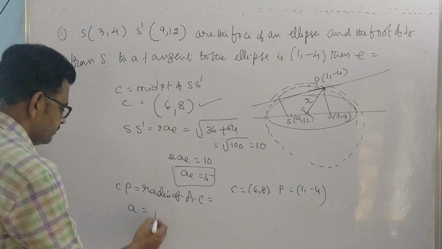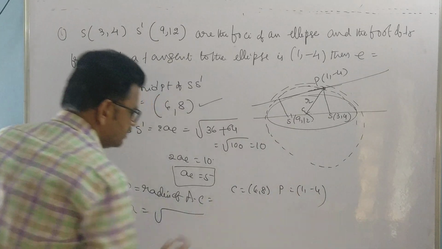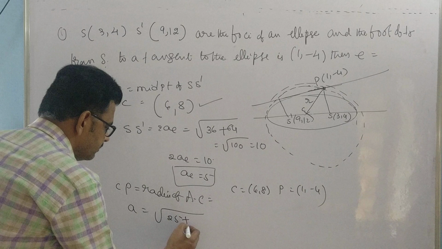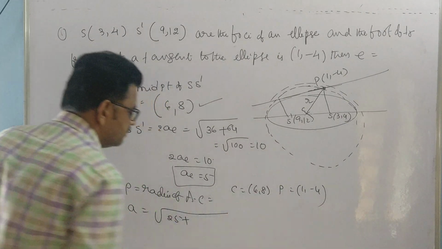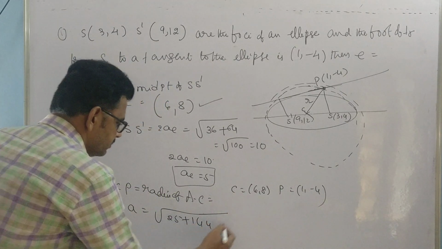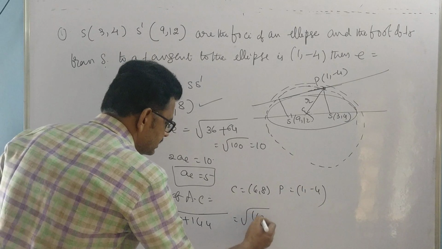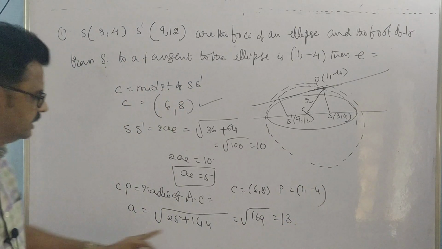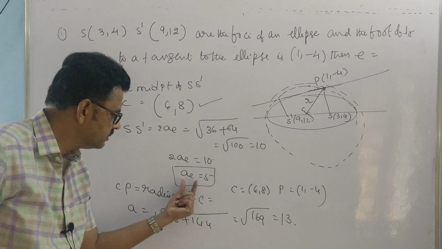So this is root of x2 minus x1 whole square, that is 25, plus y2 minus y1 whole square, 144. Root of 169 is equal to 13. Therefore a is 13, and AE is 5.